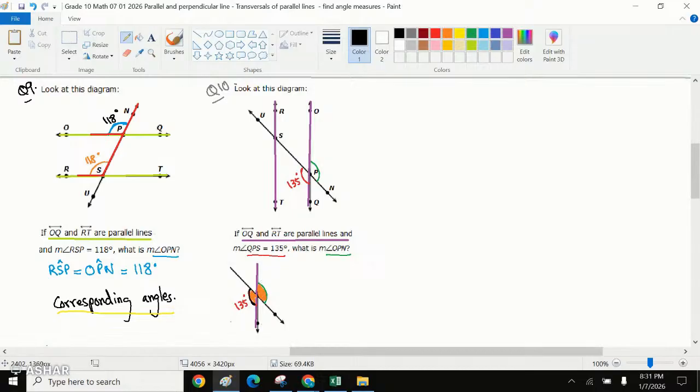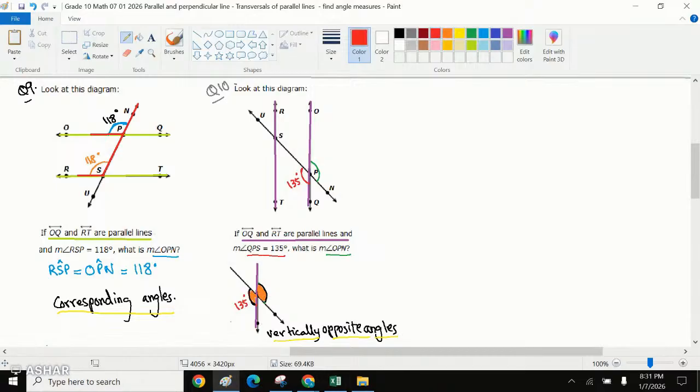Can anyone tell me the names of these two angles which are equal in size? Because it's forming an X, right? They are known as vertically opposite angles, okay?